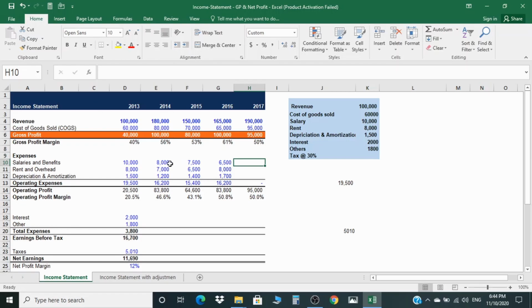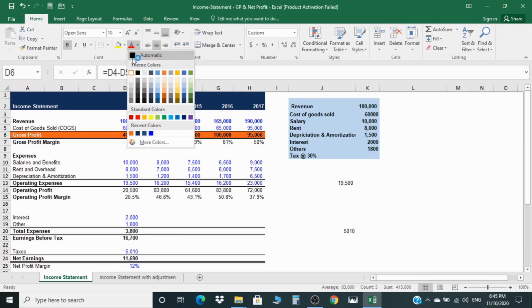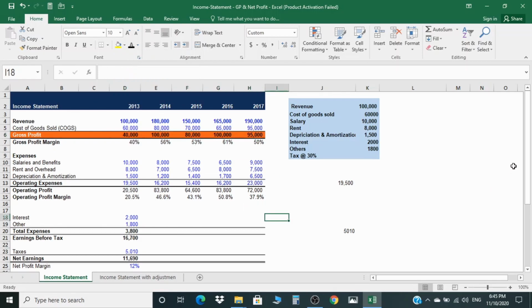Because this is your constant number, and this is your formula. So I put the constant numbers in blue so that they cannot be mixed up with the formulas, but black are the formulas that keep changing, right? You put here like 9,000, put here 7,700, okay, that's all right. 65, that's all right. And you got 72. If you want to put this in black as well, because this is a formula, you can keep it black, that's okay, right?